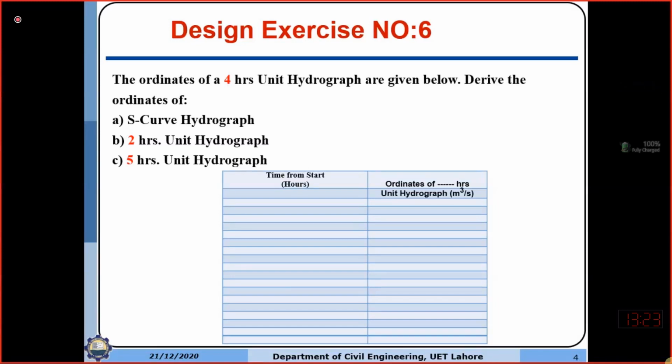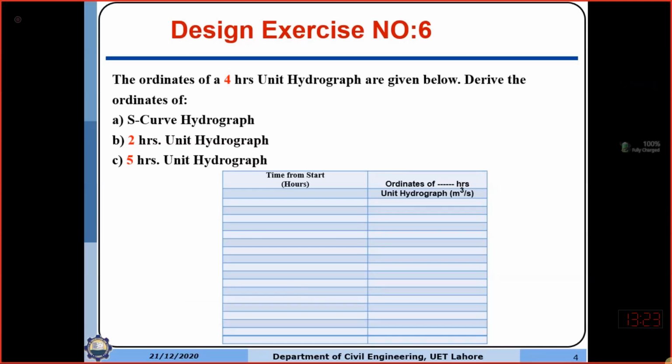But provided that the duration of that precipitation for which we want to find the flood, the time to peak or runoff volume must be equal to the duration of the unit hydrograph which has been made for that area. This is the important thing: the duration of the unit hydrograph must be the same for any precipitation for which it is going to be applied.